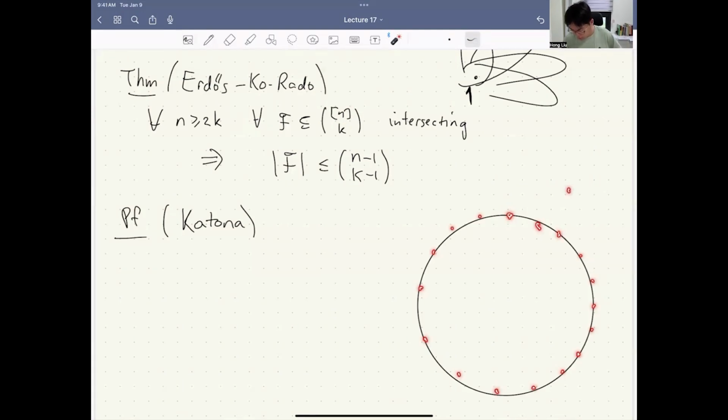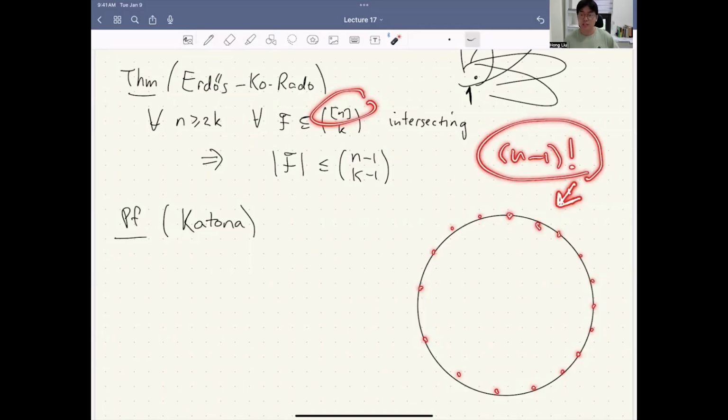That's why it's called the circle method. All right, and what we're going to double count: there are many different ways, so let me first say the idea. There are many different ways to place elements of the ground set on the circle, right? n minus 1 factorial ways. That's all the possible cyclic permutation arrangements.